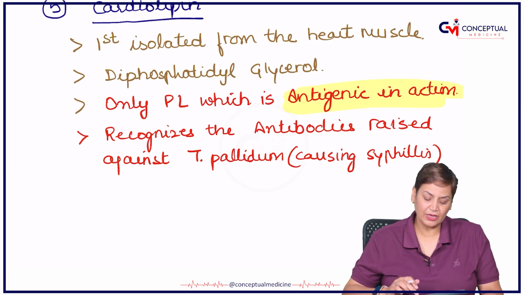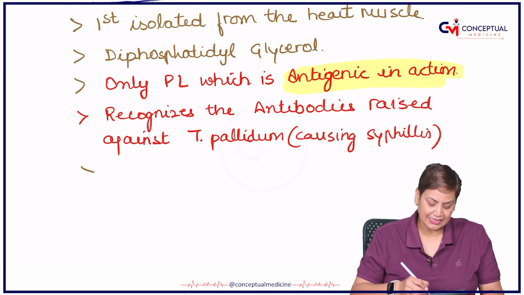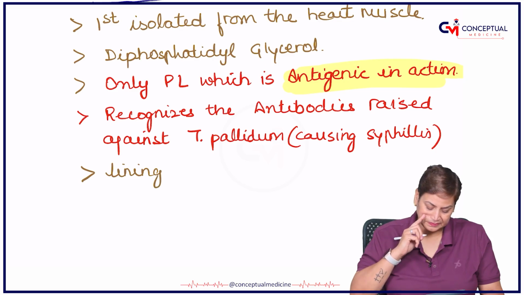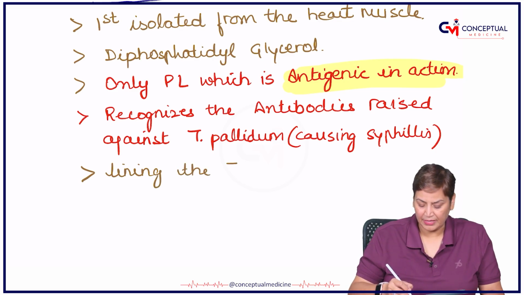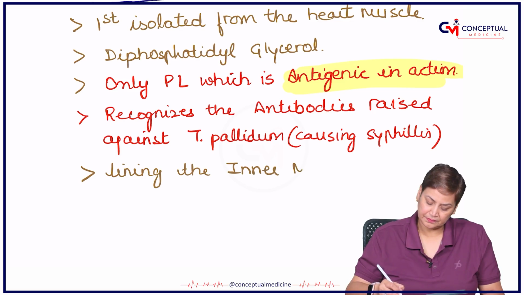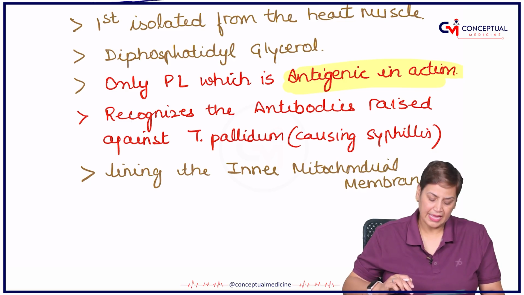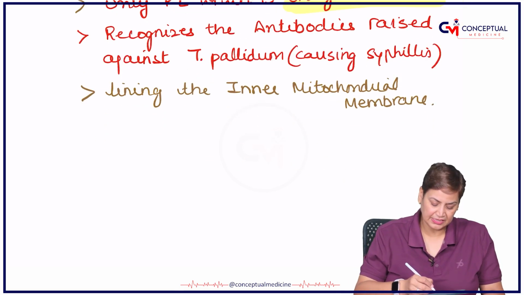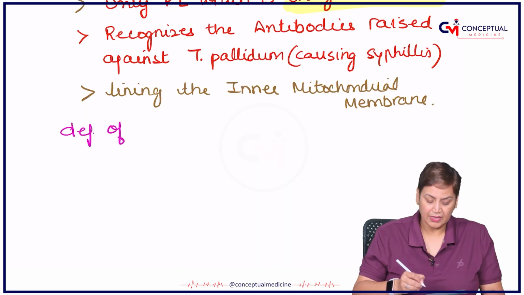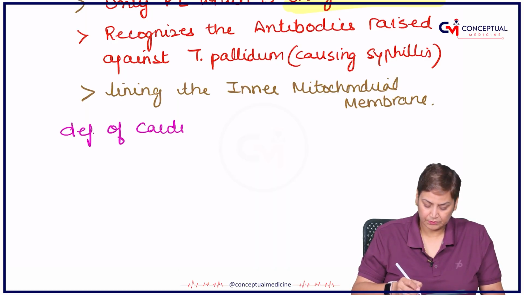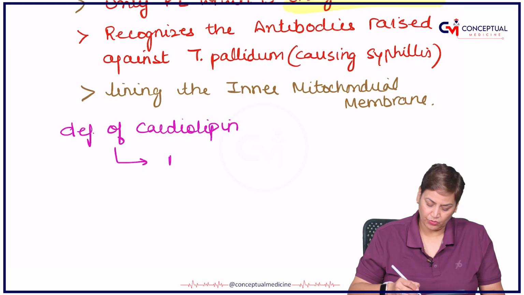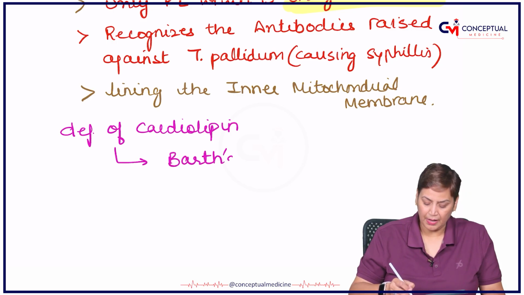And since it was isolated from the heart muscle, it is lining the inner mitochondrial membrane. And deficiency of cardiolipin leads to Barth's syndrome.